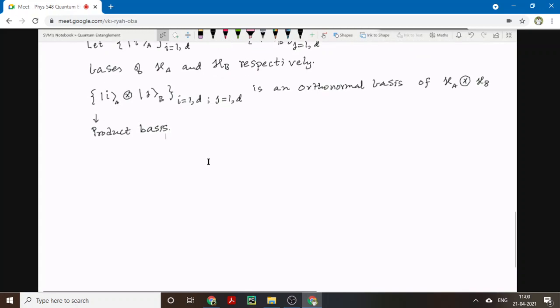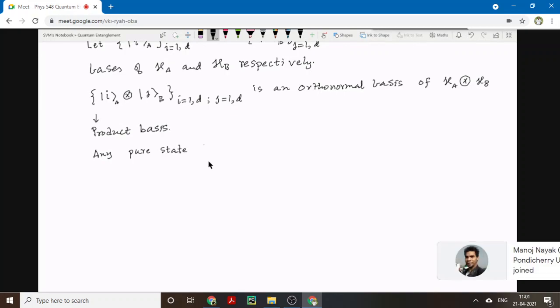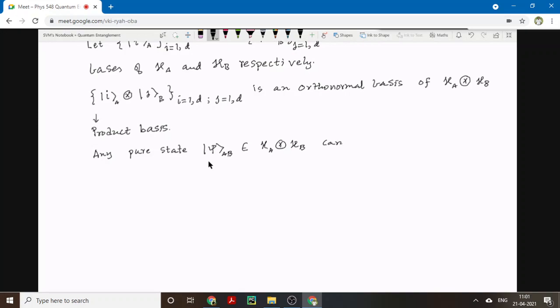Okay. Now what we can see is that any pure state psi AB in HA product HB can be expressed as psi AB is equal to the sum over some C_ij into |i_A> product |j_B>.